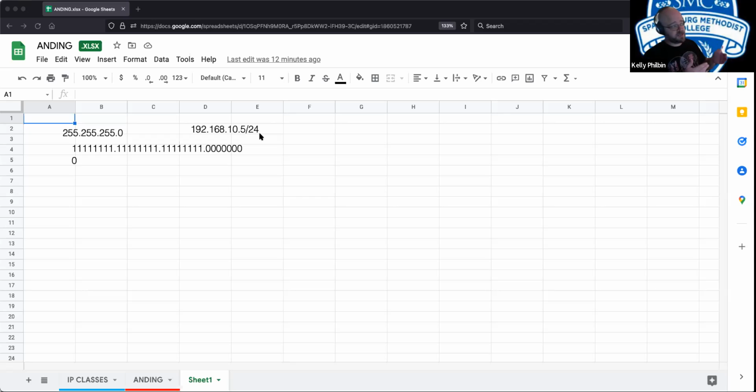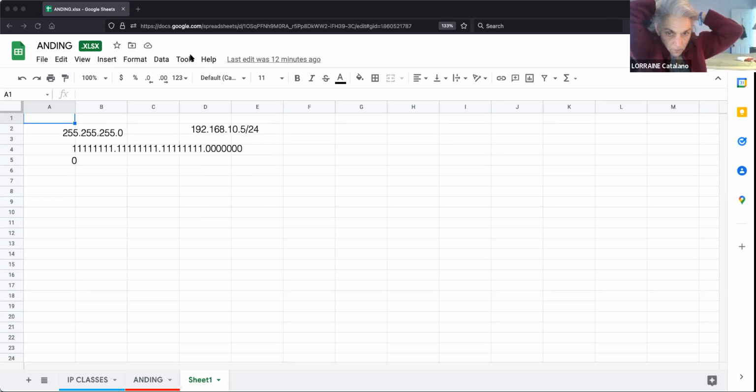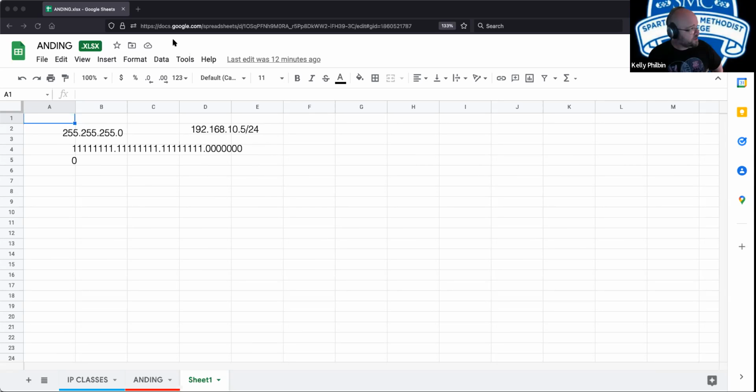So CIDR subnetting allows me to take this last octet, which is what we're going to be working on, only this last octet, and say, for my network, I'm going to add one more bit to my network address. So I'm going to turn on this next bit right here.